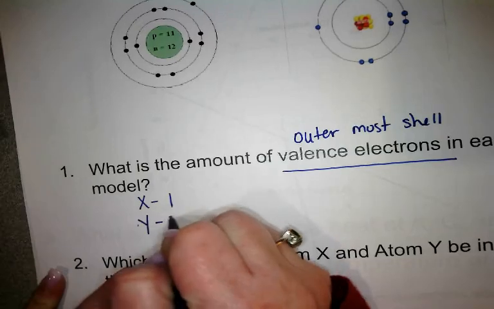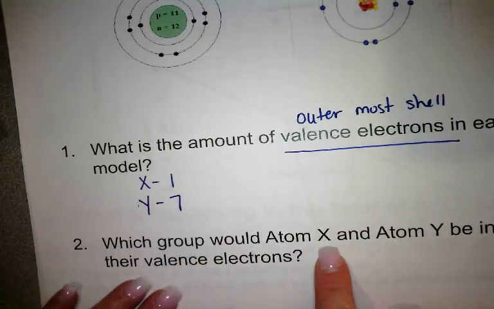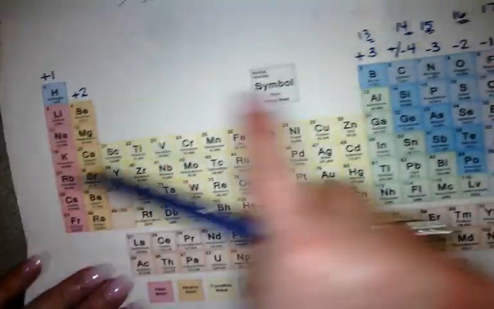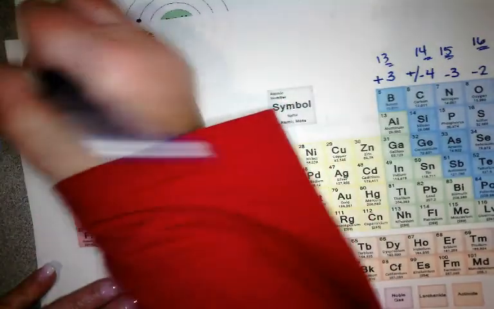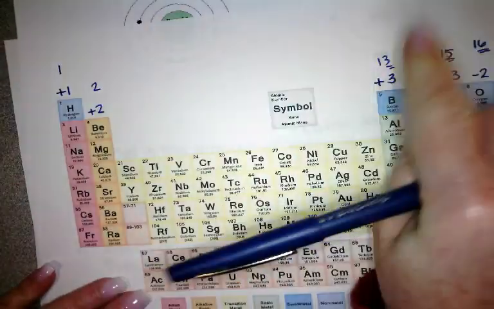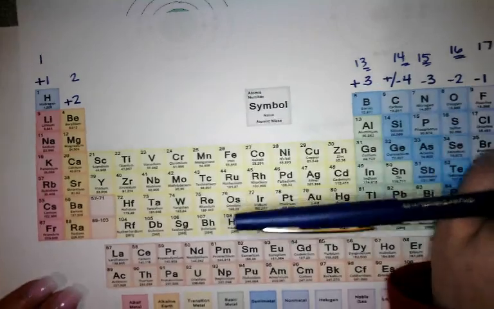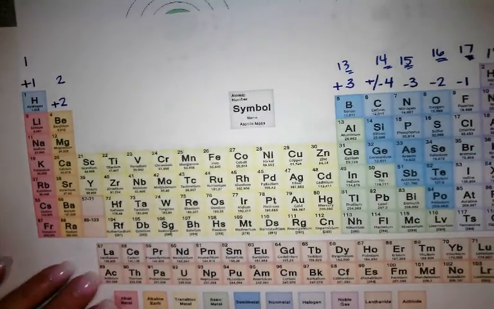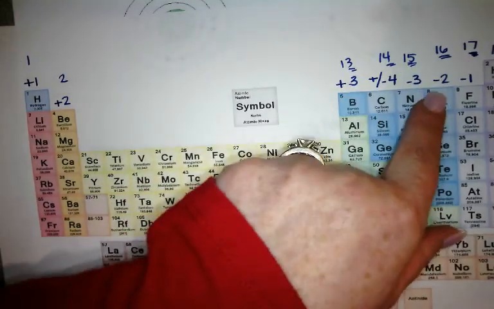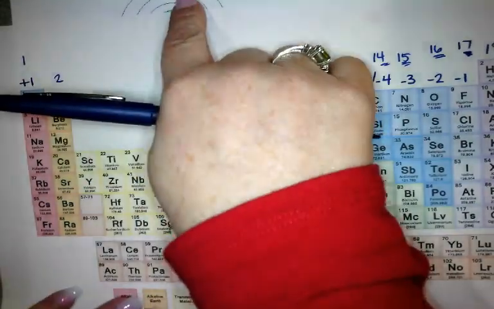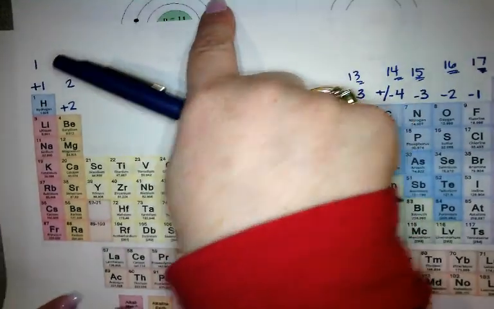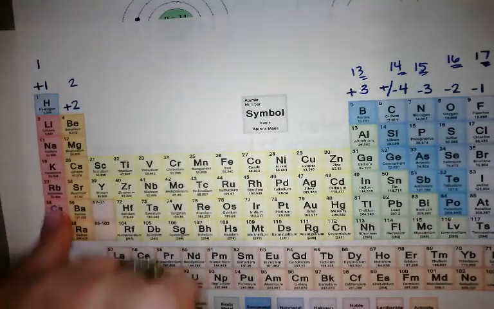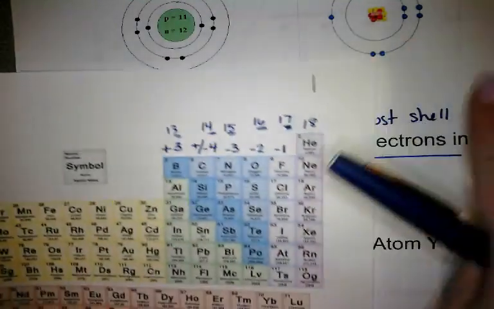If you remember, the group numbers, group 1, group 2, 13, 14, 15, 16, whatever that ending number is, if it's a double digit, is going to tell you how many valence electrons. So if atom X has 1 valence electron, it's going to be somewhere in this first column. If Y has 7, it's going to be somewhere in 17.